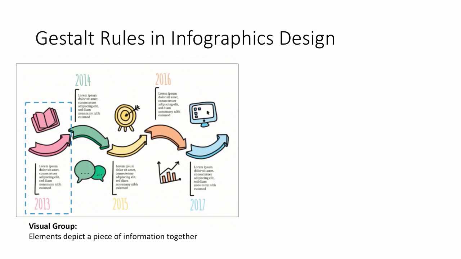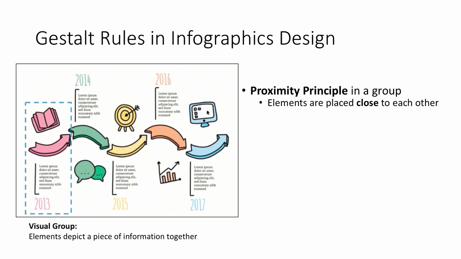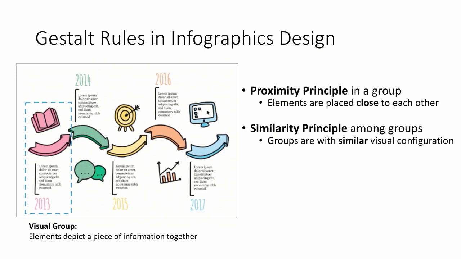And we can easily get those visual groups because designers have already adopted some design principles, the Gestalt principles, in their design. For example, they use the proximity principle to make elements in a group close to each other, so we won't think this icon is in the same group as those texts. The second is the similarity principle, that groups are always configured with similar configurations.